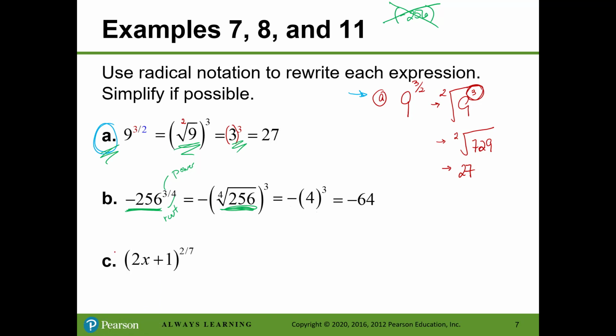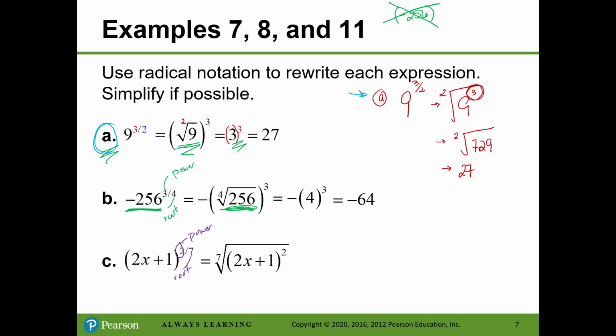Okay, so let's look at letter C. Notice that parenthesis has the 2x plus 1 inside of it. And according to this exponent, we have the power of 2, and we have the root of 7, which is why they've written it this way.